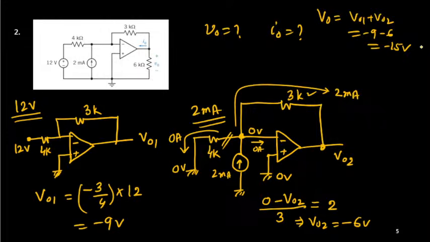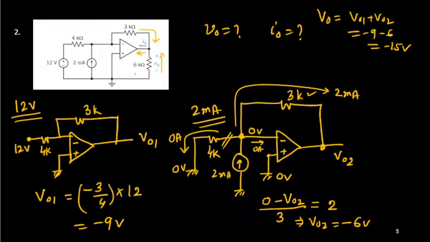Anyone got the answer for this I0? Now you can see that whatever current is coming here, and also it is coming from this side, will go through this path. So I0 will be the addition of these two currents. One is coming through 3k ohm, and one is through 6 kilo ohms.